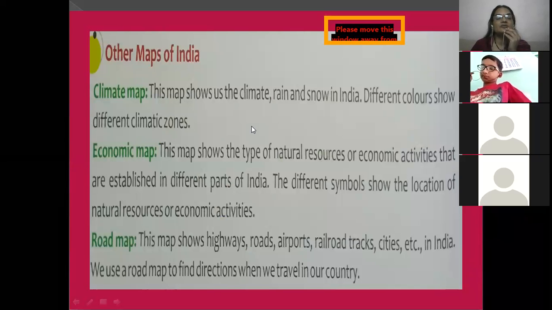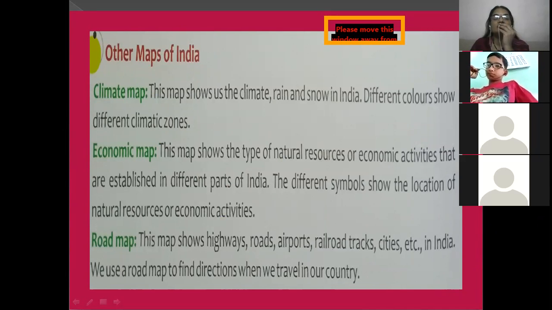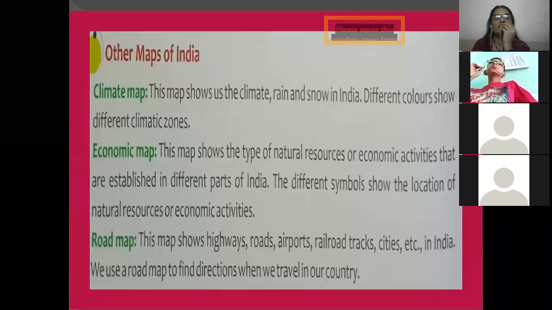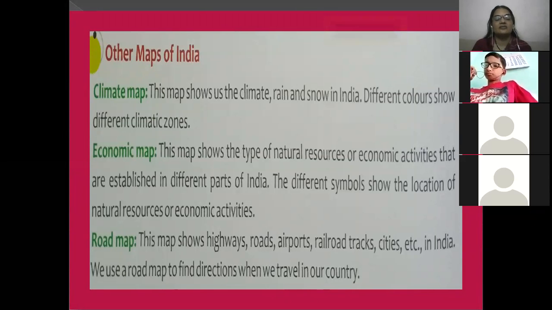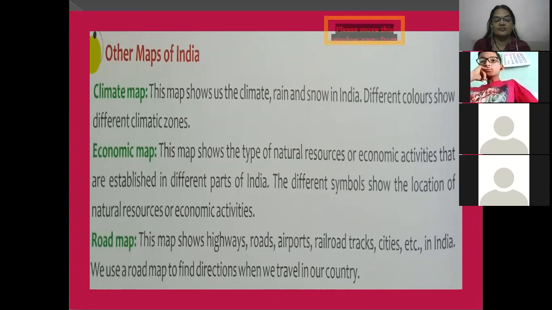The climate maps. This map shows us the climate of India. Different colors show different climatic zones. Climate maps are maps showing the different climatic conditions of the country.